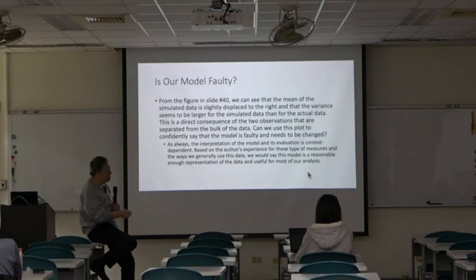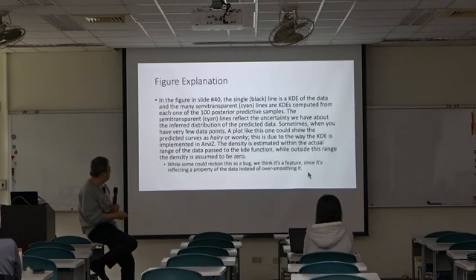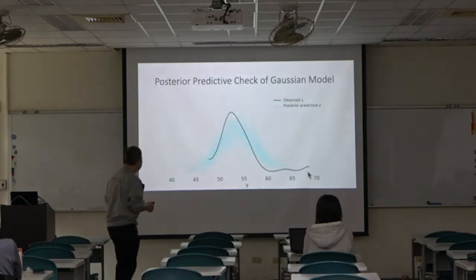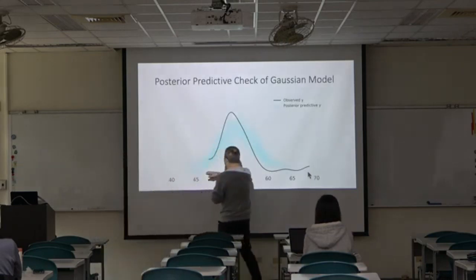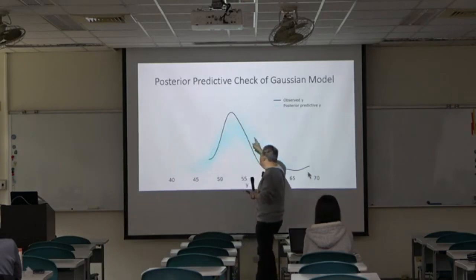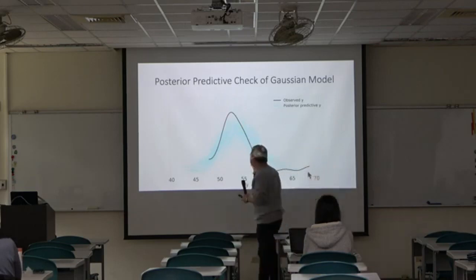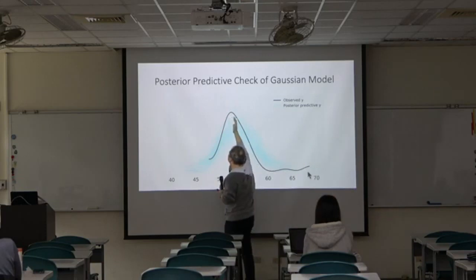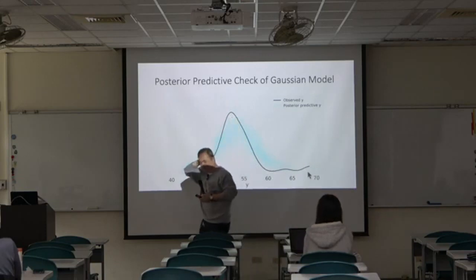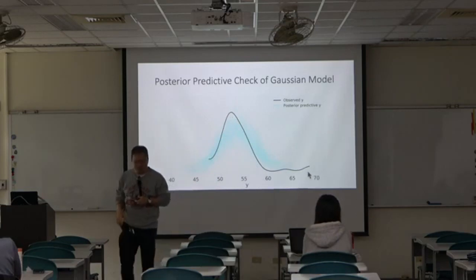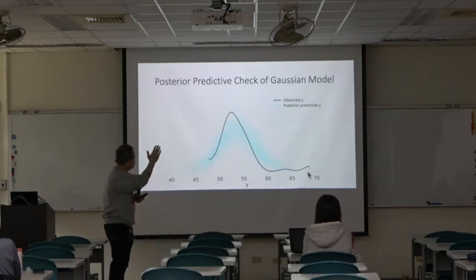Okay, so come back to this explanation. Also the variance seems to be larger for the simulated data than the actual data. Again, this is probably a little bit more difficult to observe. Observing the displacement of the mean is easier, because you just look at the top of the line.